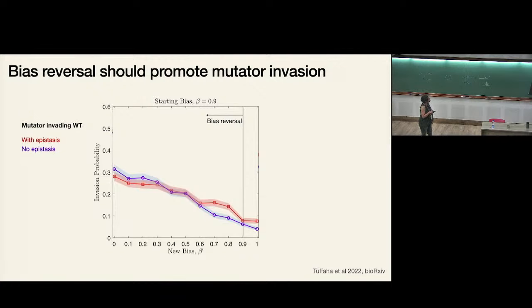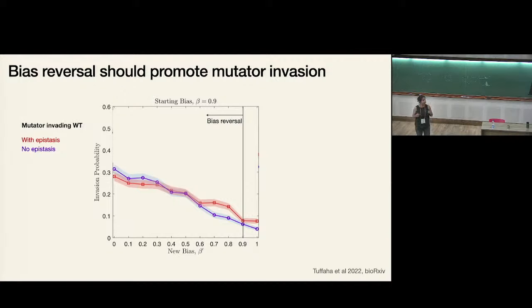These are whole population simulations where there's no adaptive walking necessarily. Different mutations can come up and the better ones have a higher chance of fixing and so on. In these simulations, she introduces a mutator, okay, with a particular bias shift, a particular rate shift, and so on, and asks how successful is it in invading the wild type population?